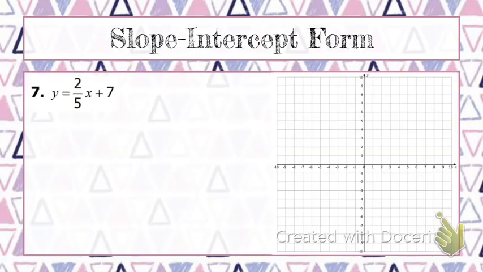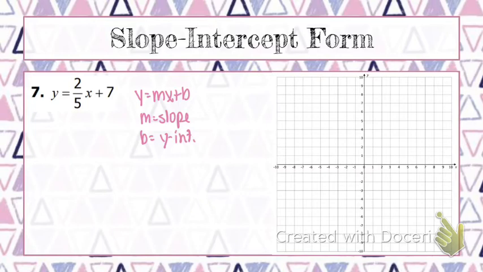So let's practice looking at slope-intercept form and graphing equations just from the slope and the intercept. So remember that slope-intercept form is y equals mx plus b, and m is the slope and b is the y-intercept.